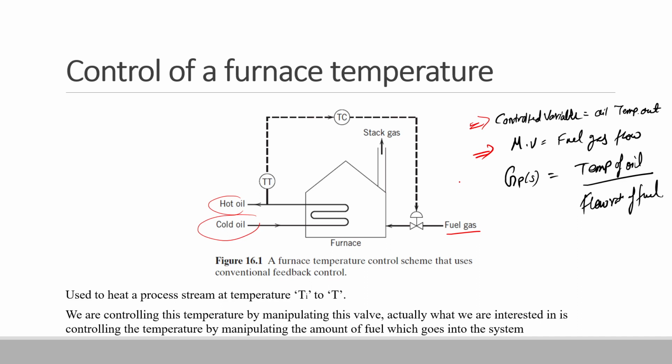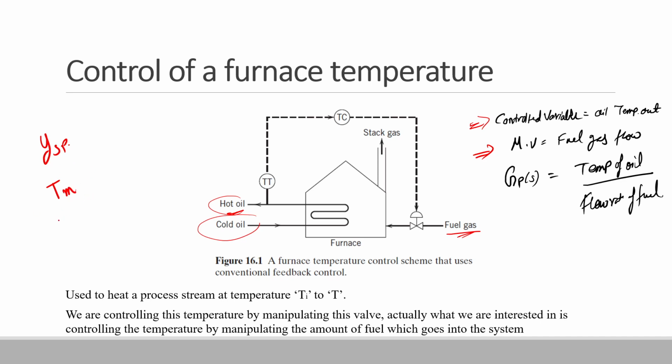So if we had to write the transfer function of this system, we can write output upon input. That is basically the temperature of the oil upon the flow rate of the fuel gas. So if we take a look at how this control method will work, let's say we have the desired set point of YSP, and at a given time instant the temperature of the system is Tm.